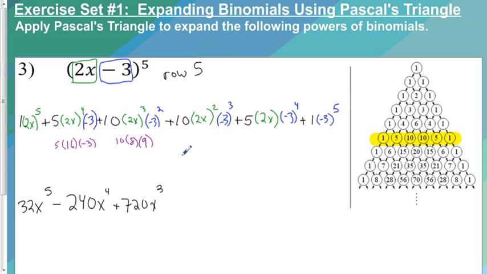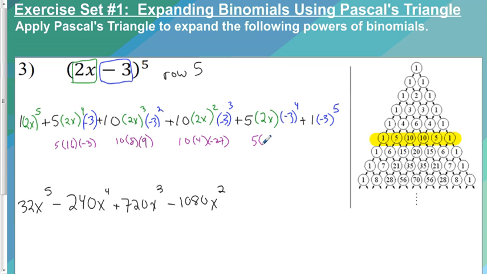I'm putting that in at the end. And so if I have 10, 2 squared is 4. Negative 3 cubed is negative 27. So I'm going to have 10 times 4, which is 40, times negative 27, which gives me negative 1,080. So that's minus 1,080, and it would be x squared.